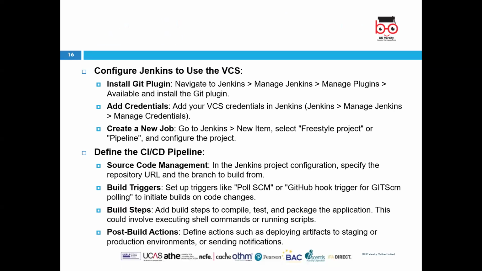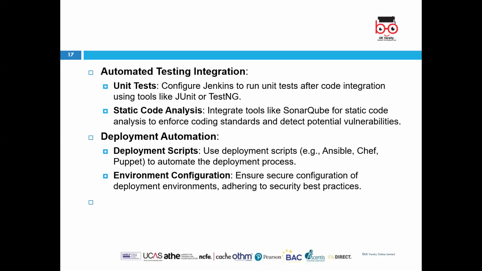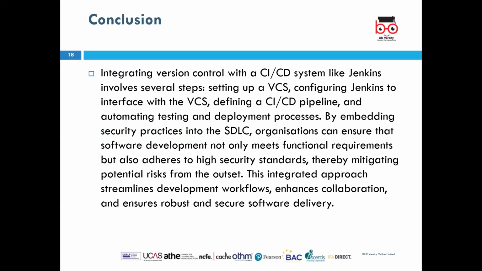Then we have to install Git plugins. I hope you're familiar with plugins and what they are used for. Then we add credentials, so we set up our own account, and we're good to go to create our new project. So we have mentioned automated testing and deployment automation.